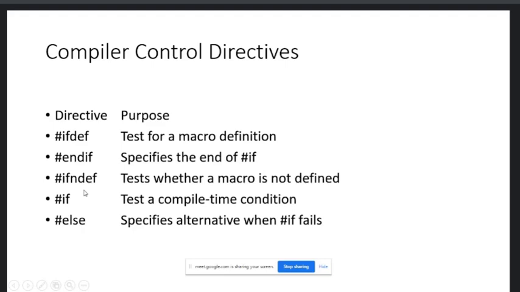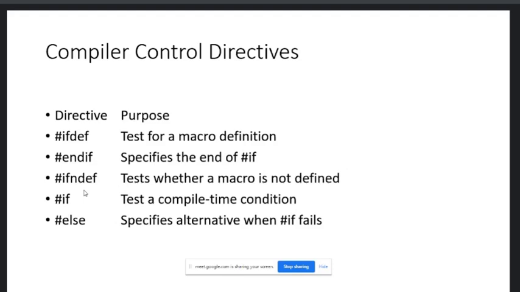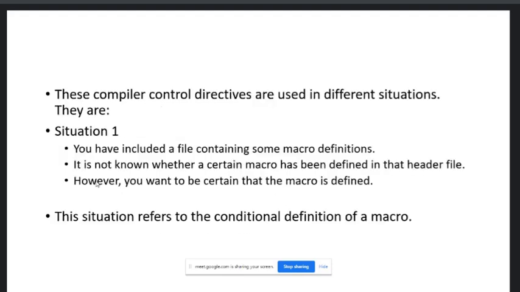Okay, let's discuss with an example so we can understand how to use these compiler control directives. Let's say we have different situations in which we want to use this type of compiler control directive. Situation 1: suppose you have included a file containing some macro definition. It is not known whether a certain macro has been defined in that header file. For example, string.h, in which, let's assume that strcmp is a macro.